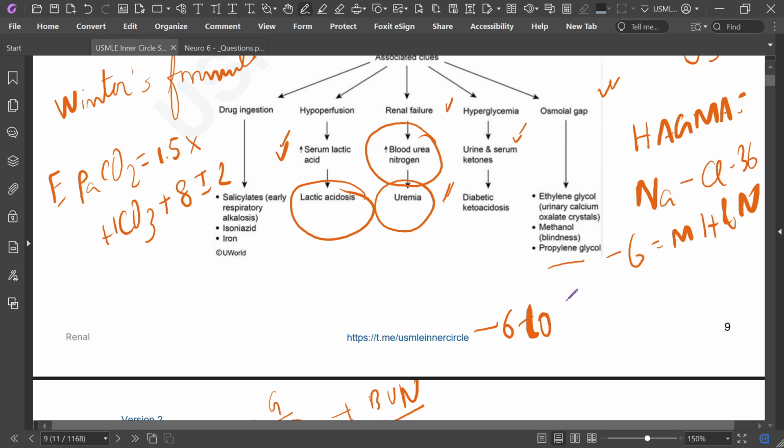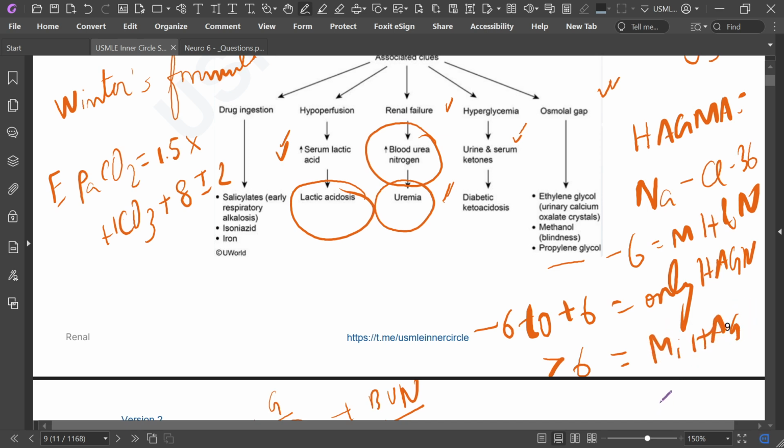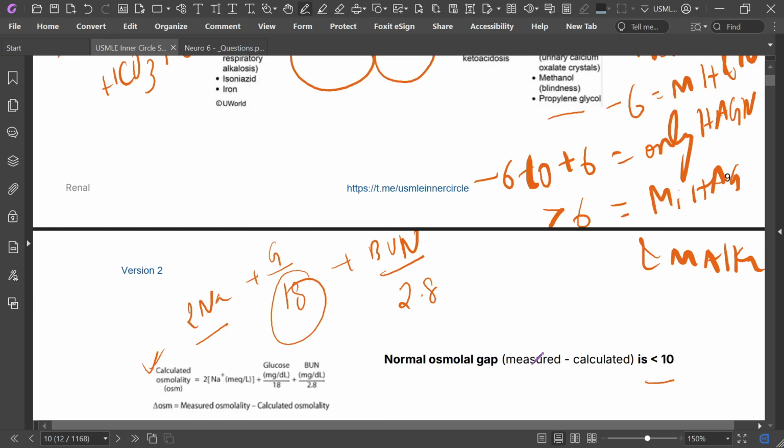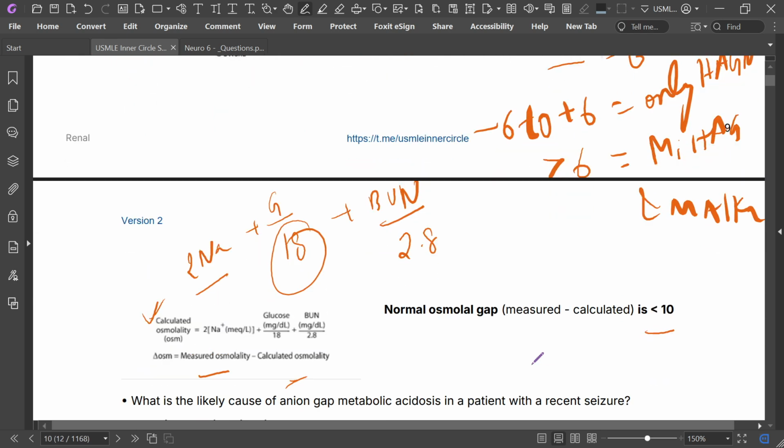If it is minus 6 to plus 6, it is only HAGMA, that means high anion gap metabolic acidosis. If it is over plus 6, it is mixed HAGMA and metabolic alkalosis. So this is the delta gap you need to remember.